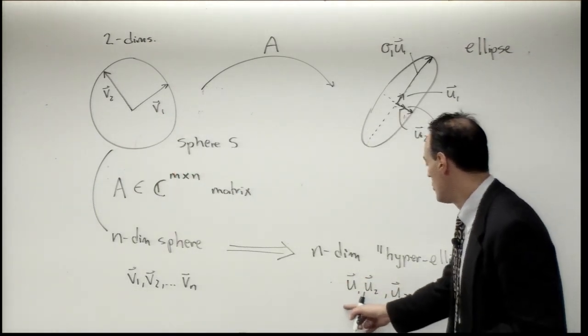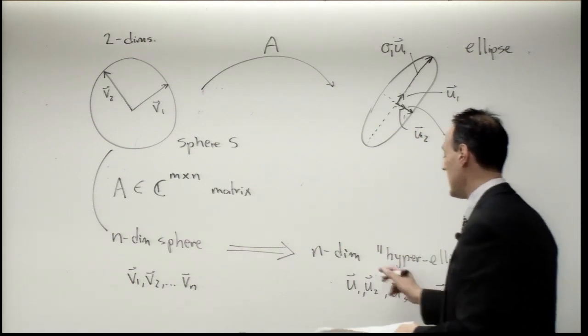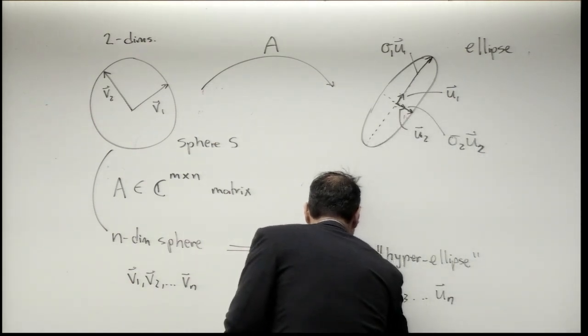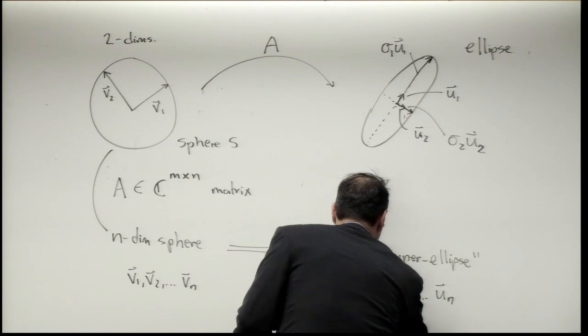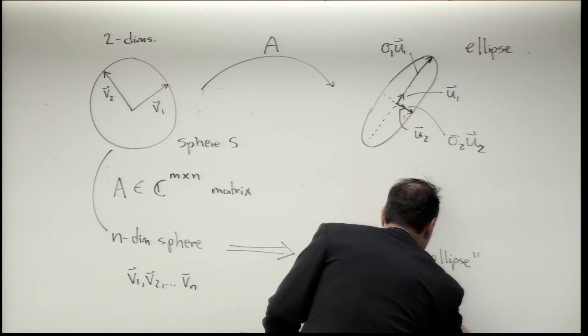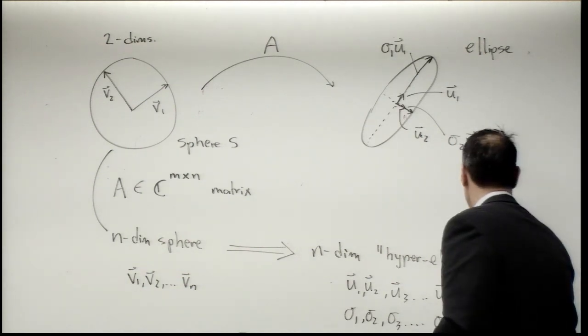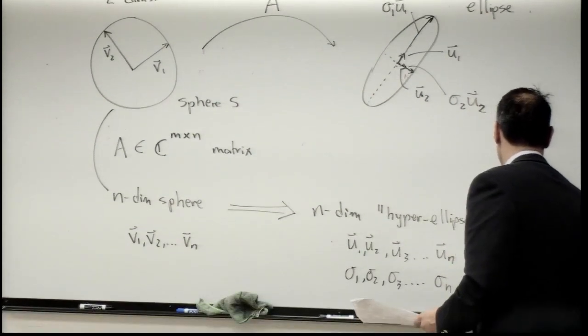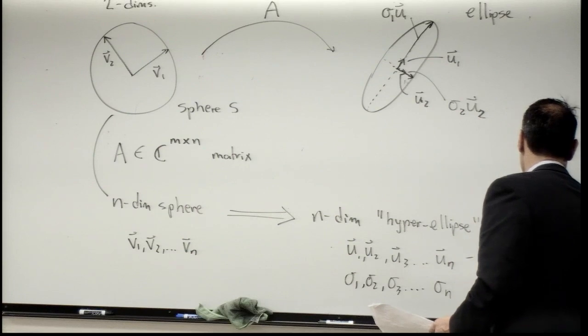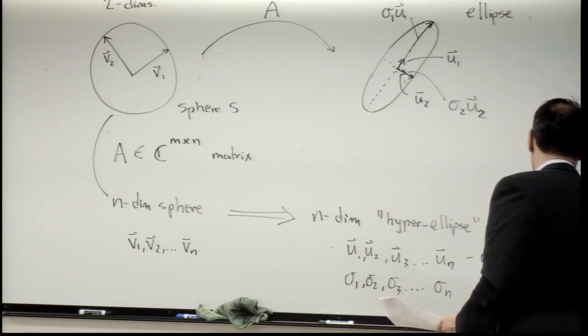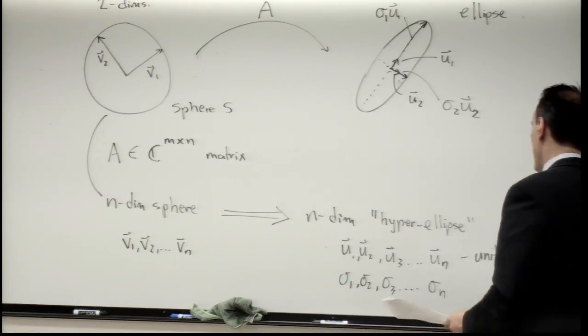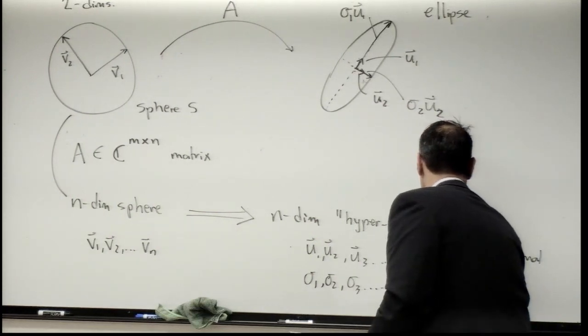So I have this new representation of orthogonal sets, and in each direction there is the amount of stretch in that direction. So these are unit vectors, orthonormal, and these are your stretching factors.